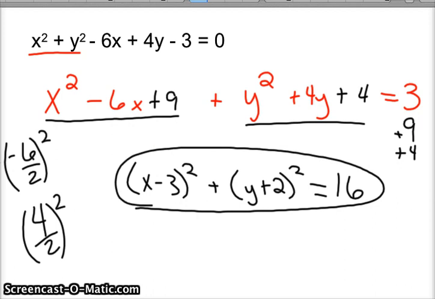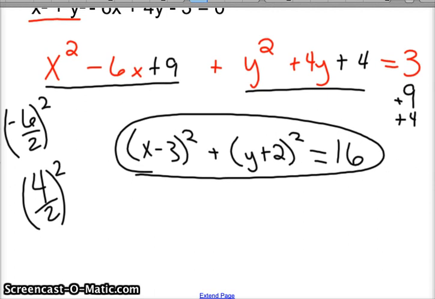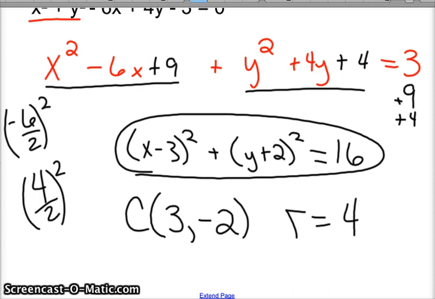Now you could actually just type that into the input function in GeoGebra and it'll give you that circle. But we know the center of this circle, C we'll call it, is positive 3 because you change your signs coming out of the parentheses, negative 2, and our radius of this circle is 4. So that's how you find the center and radius.